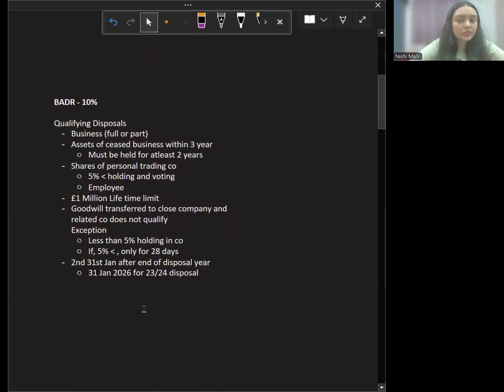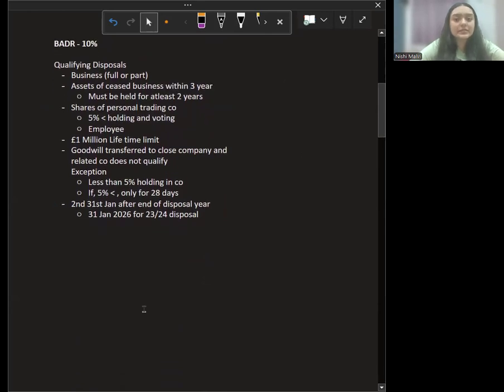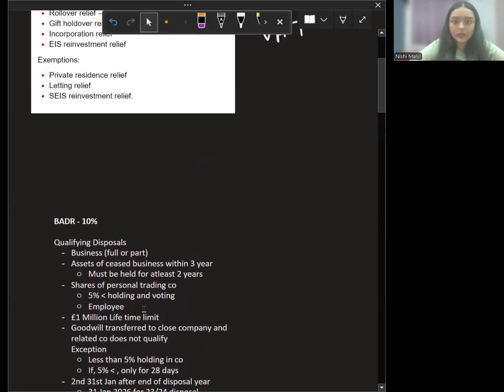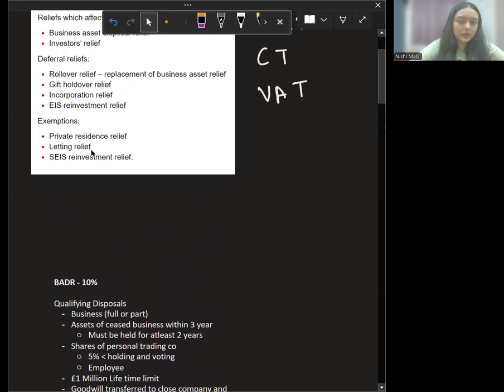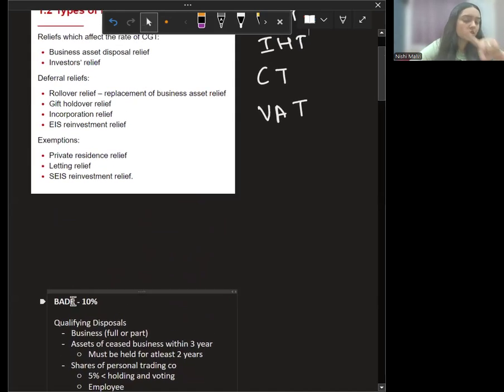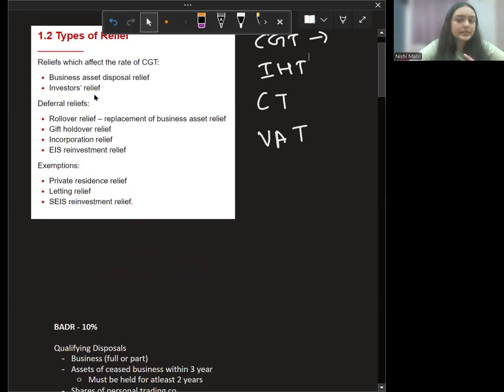The first relief we will discuss is business asset disposal relief, which reduces your tax rate to 10%. Then there are reliefs that defer your gain on qualifying assets. Defer means whatever gain you are supposed to be charged on now will be chargeable at a later period.